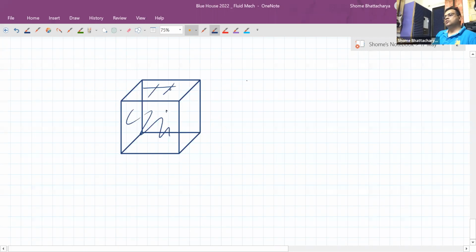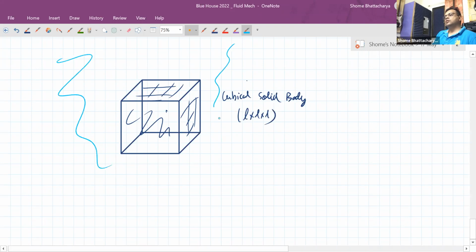This is a cubical solid body of dimension L by L by L, placed inside some fluid.